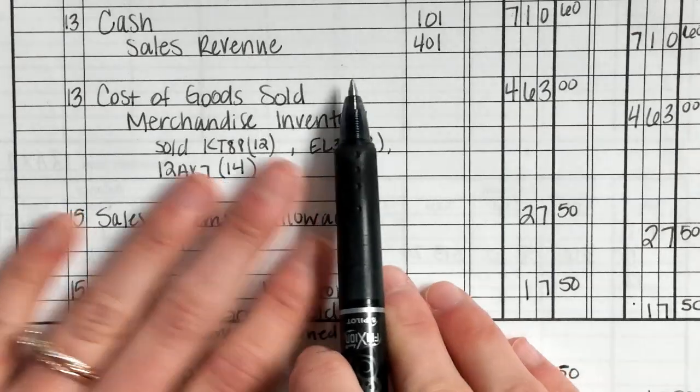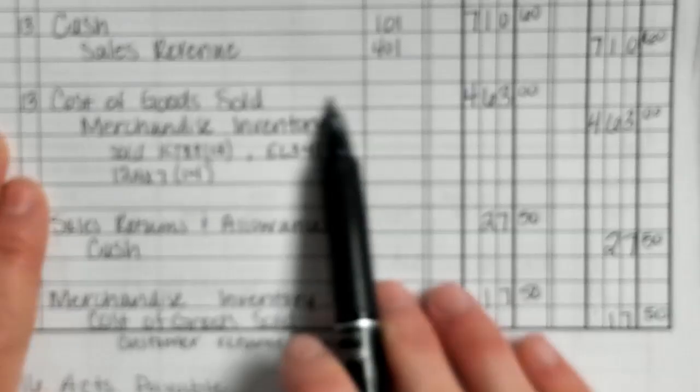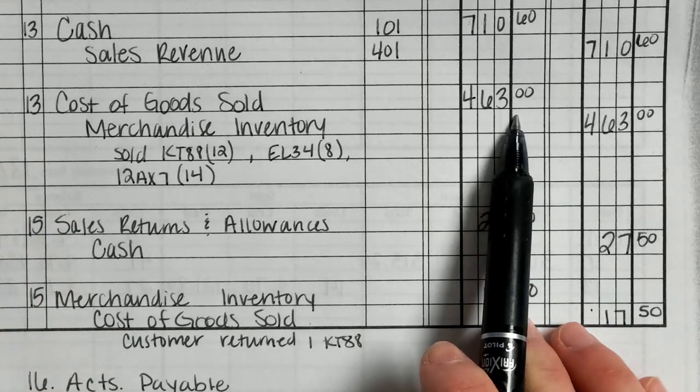Second part of the 13th, your cost of goods sold should get debited 463.